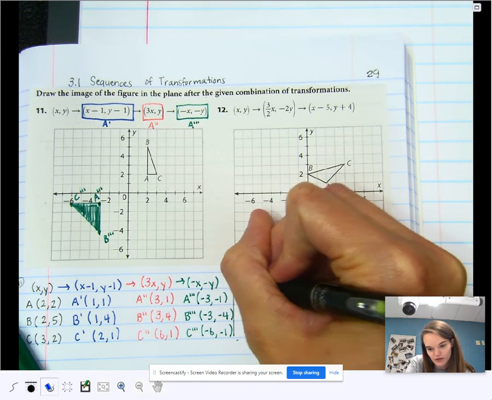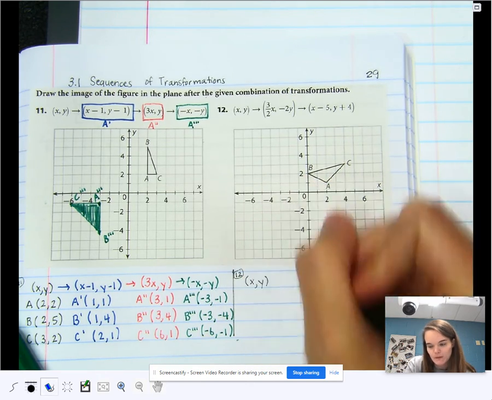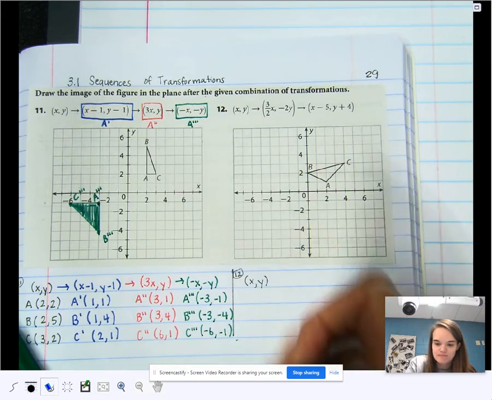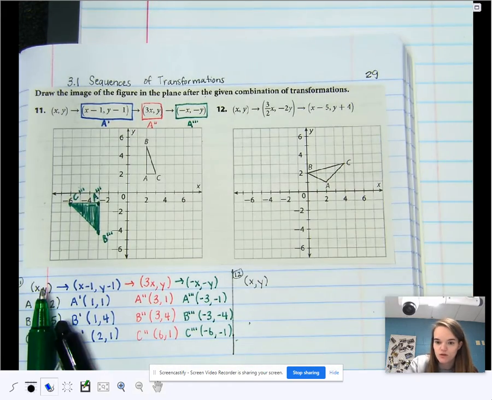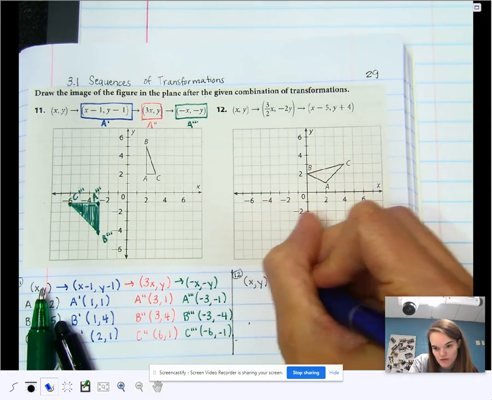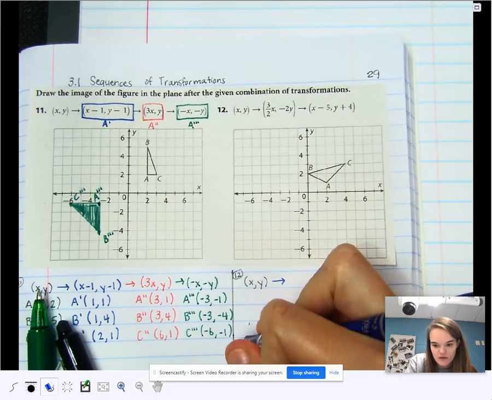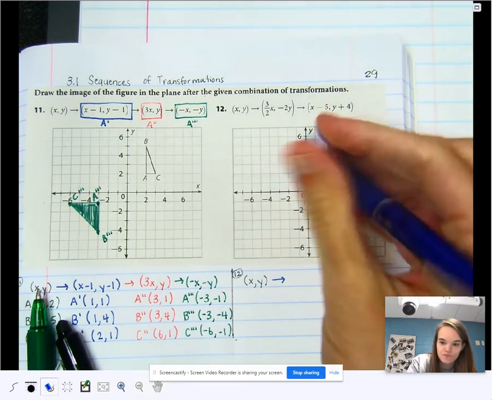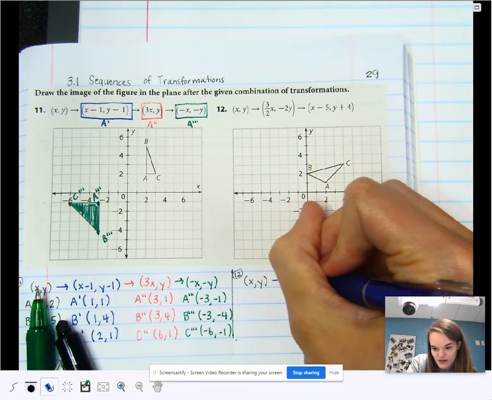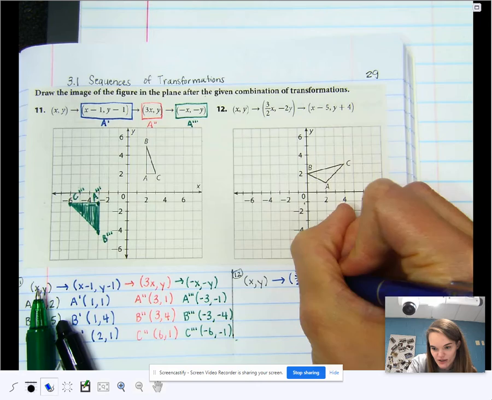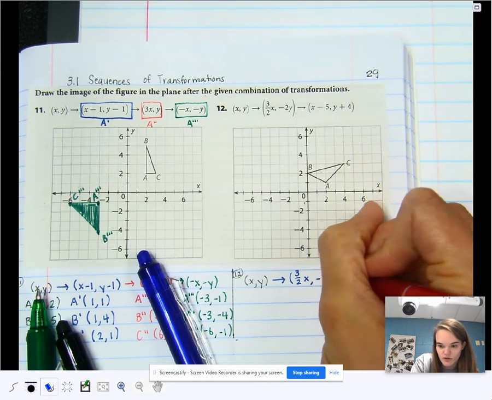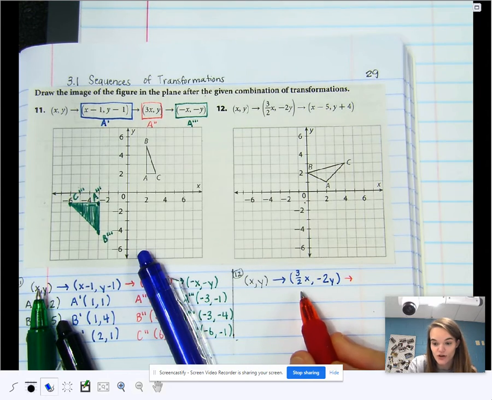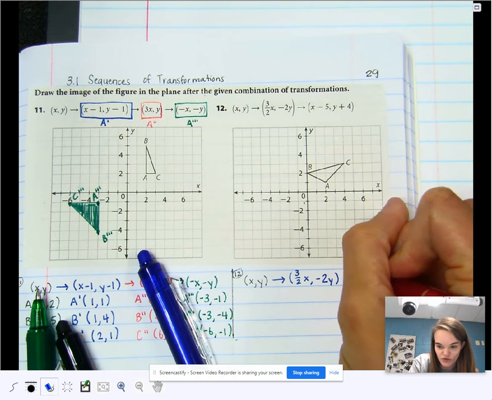All right, so I'm starting with x, y. This will go to 3 halves x and -2y, which will go to, this is a vertical stretch and a horizontal stretch, but not by the same number, so it's not a dilation still.